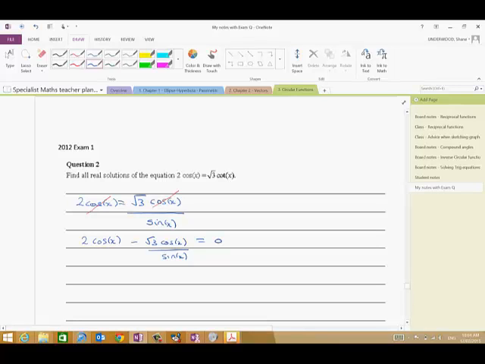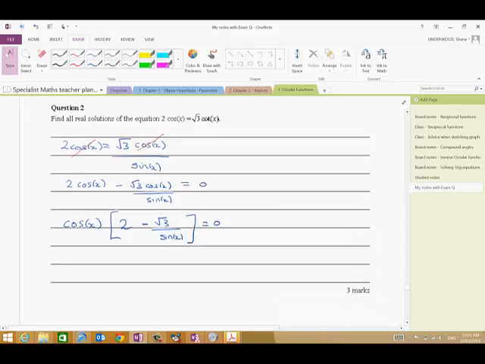So what do we do? We now take out cos of x as a common factor. And then we say that cos of x times 2 minus root 3 on sine of x is equal to 0. Are we following me so far? Good.